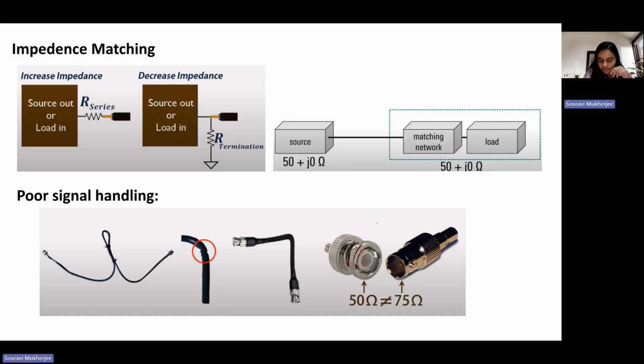What governs the properties of the transmission lines are these four distributed parameters that we just discussed: R, L, G, and C. And they can change based on how your transmission line is.